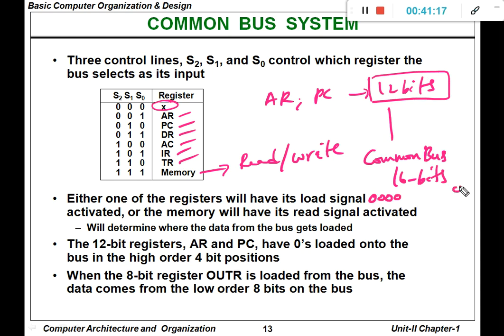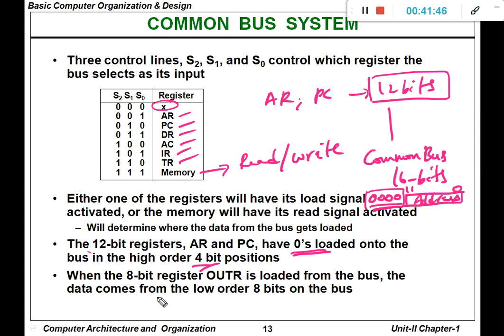From the least significant bit to the 11th bit, the address will be stored, and the remaining bits in the bus will be filled with all zeros. That point is mentioned here: the 12-bit registers AR and PC have zeros loaded onto the bus in the high order 4 bits. These high order 4 bits will be loaded with all zeros.